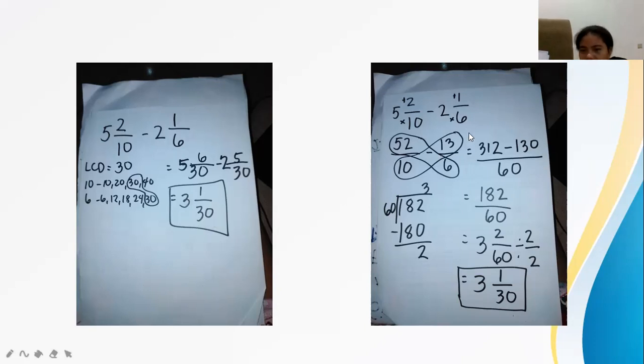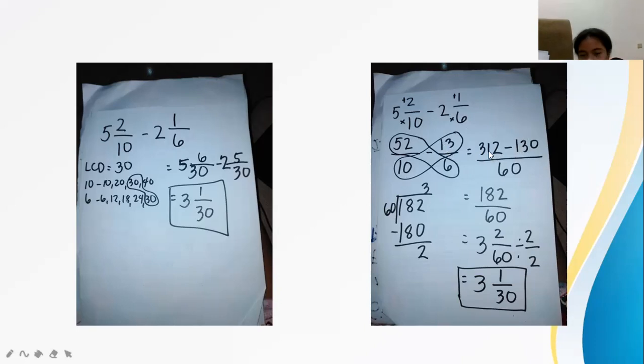Okay, next, this is the butterfly method. So with the butterfly method, our numbers are mixed numbers. First we convert them to improper fractions. So we multiply and add. 5 times 10 is 50 plus 2 is 52 over 10, since 10 is the denominator. Minus 6 times 2 is 12 plus 1 is 13 over 6, since 6 is the denominator. Then do the cross multiply or butterfly method. 52 times 6 is 312. Then 13 times 10, 130.